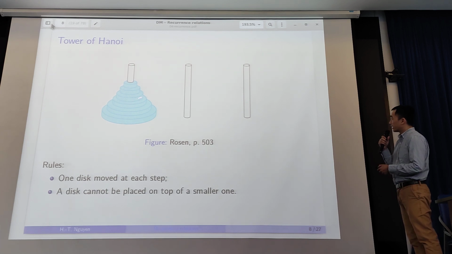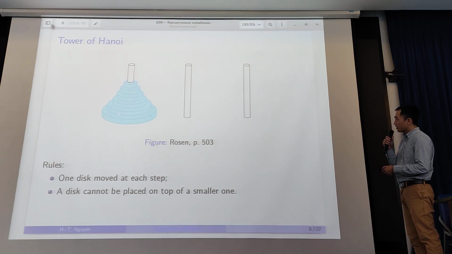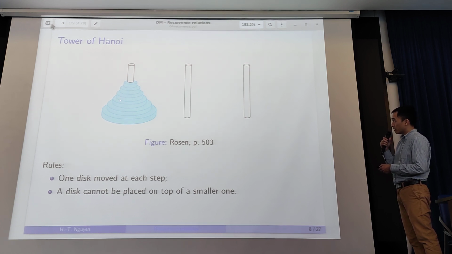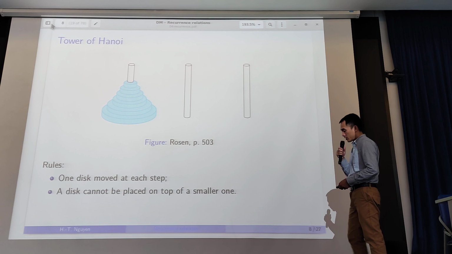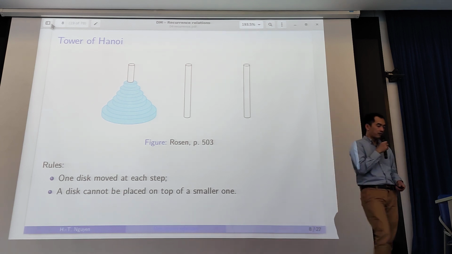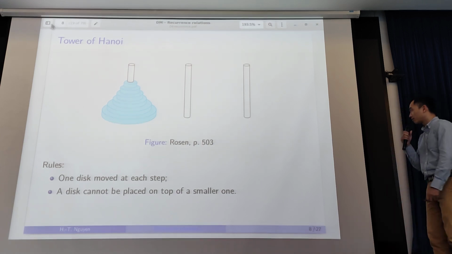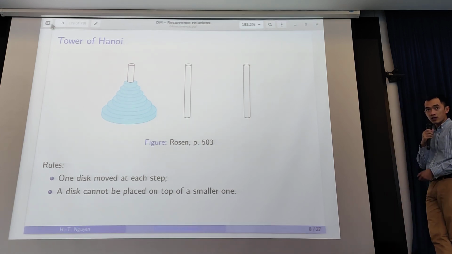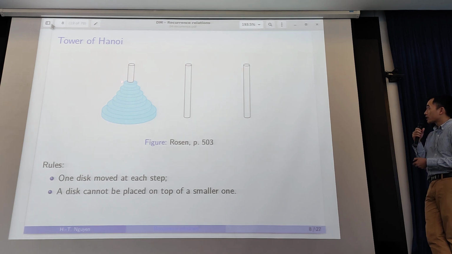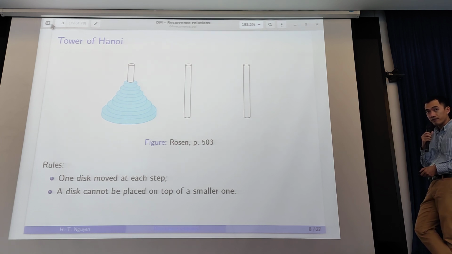And the rule is that any disc must be put above a larger disc. So you cannot put a large disc on a smaller one. And now the challenge is that starting from this initial configuration, you need to move all the discs to another peg.